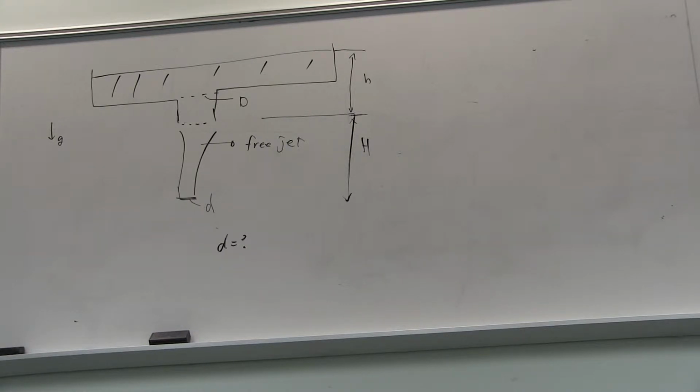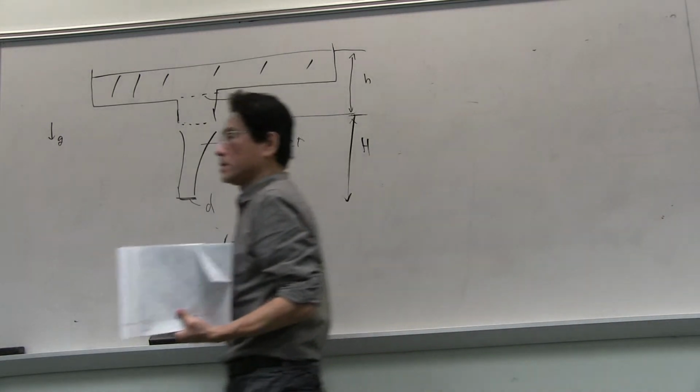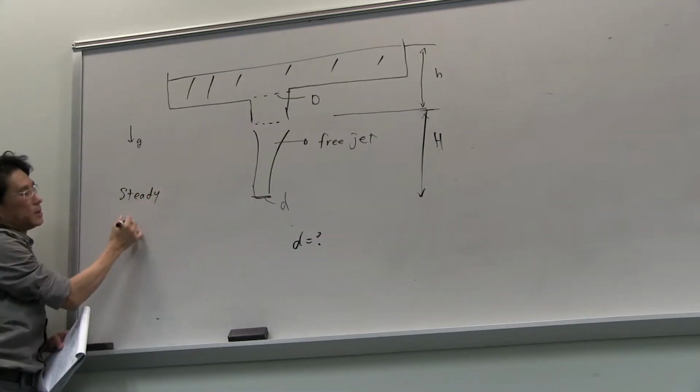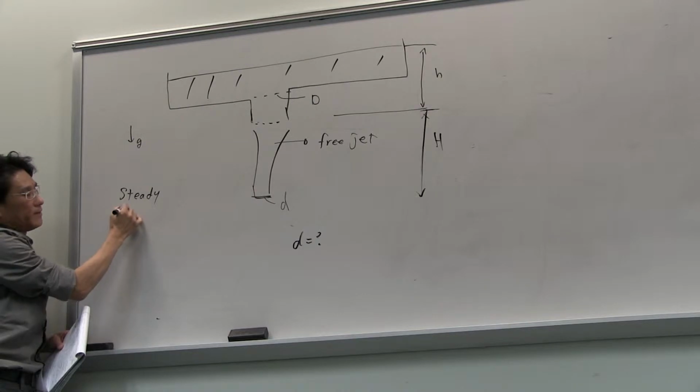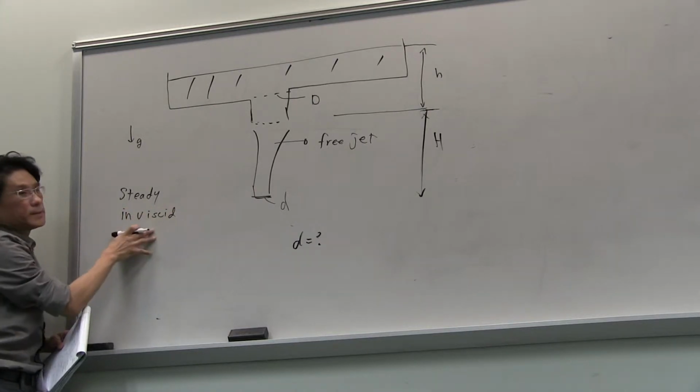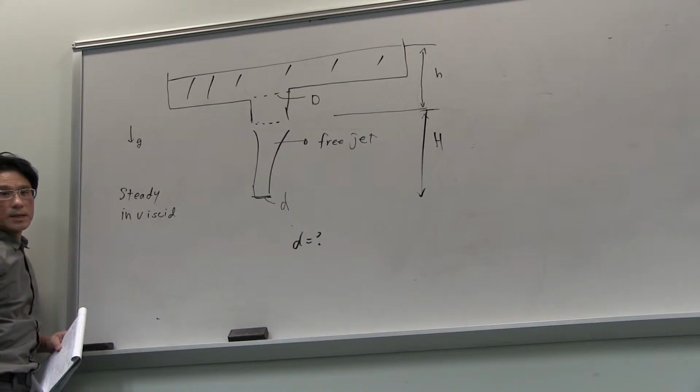In this problem, you always have to start with the assumptions for using the Bernoulli equation. Bernoulli equation only applies when you have a steady, inviscid flow, which means there is no viscous effect on the fluid, no shear.